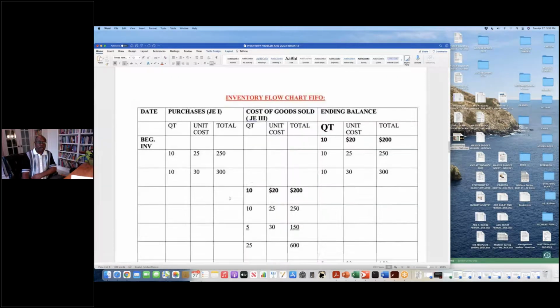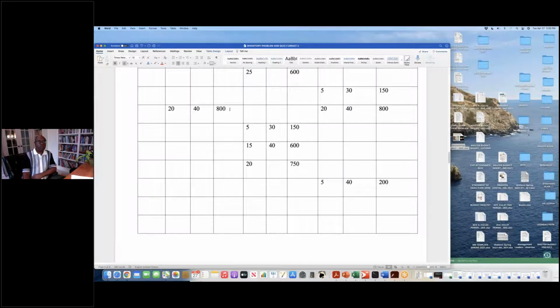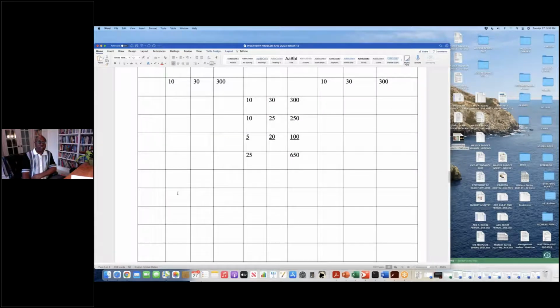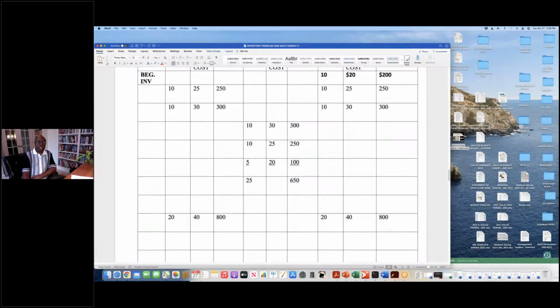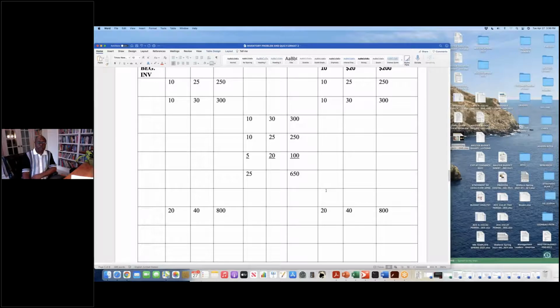So going to the LIFO table, we're going to copy that purchase and put it on the LIFO table. And on the LIFO, how many did we have left when we did LIFO? We had 5 left. It was like 5 at 20, 100 or something like that.